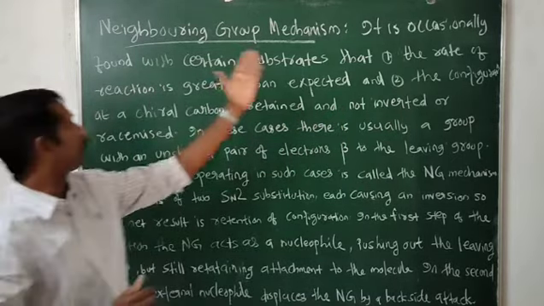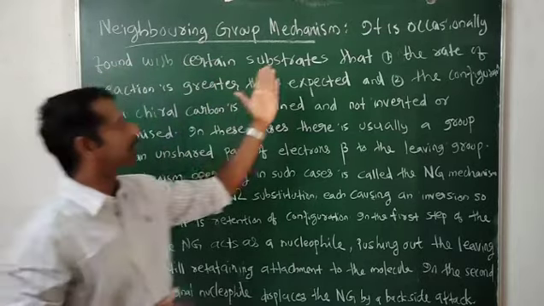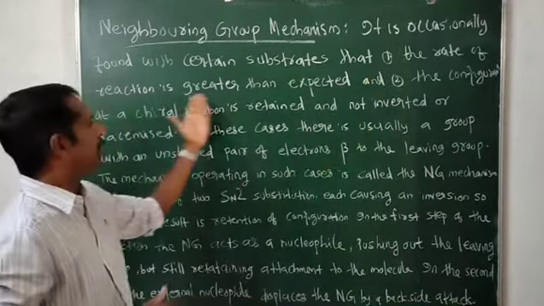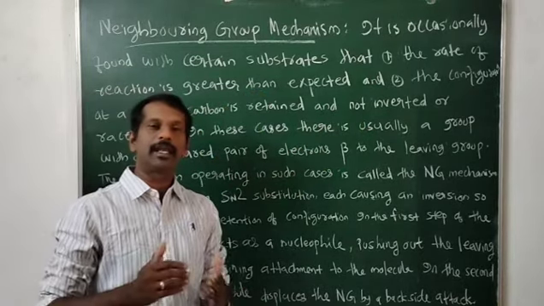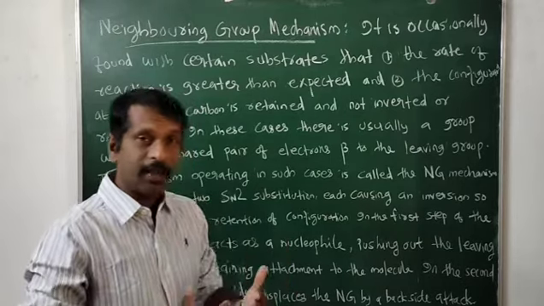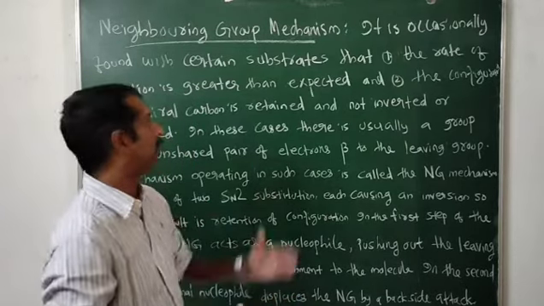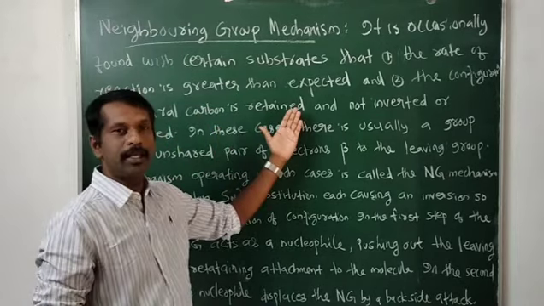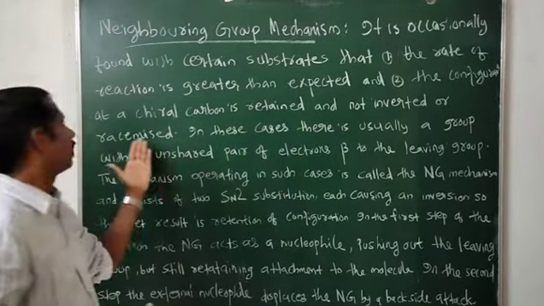Once again, it is occasionally found with a certain substrate that, first one, the rate of reaction is greater than expected. That means the rate of nucleophilic substitution reaction is greater than our expected rate. And second one, the configuration at a chiral carbon is retained and not inverted or racemized.